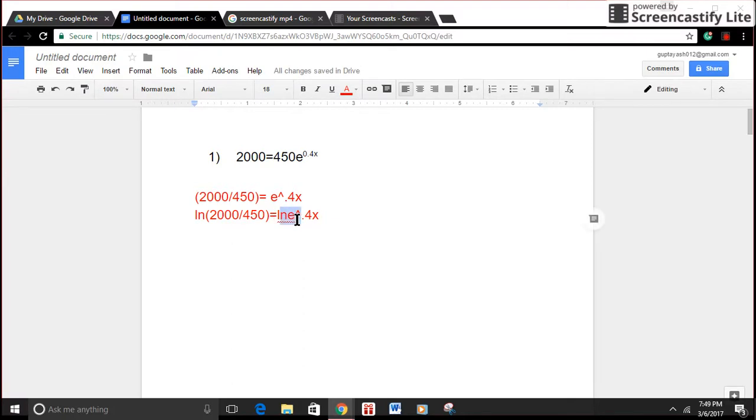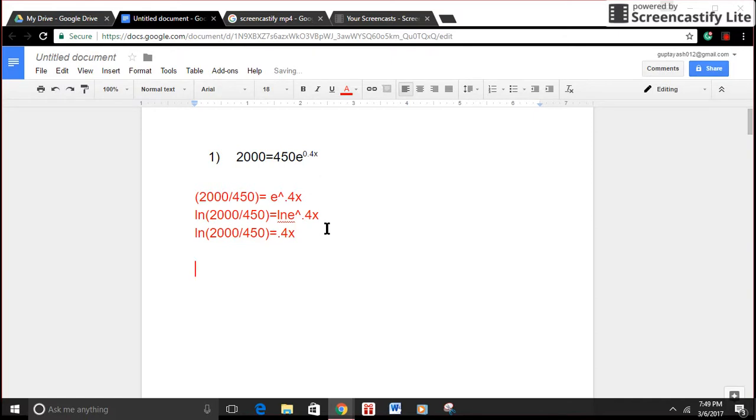If you're seeing this whole thing right here, that basically cancels out to a 1. So you're going to be left with ln 2000 divided by 450 is equal to 0.4x.